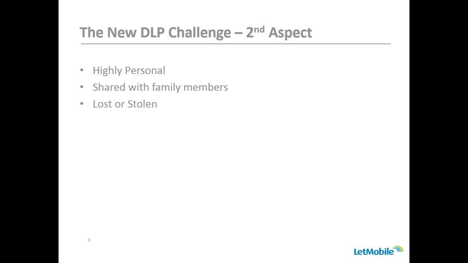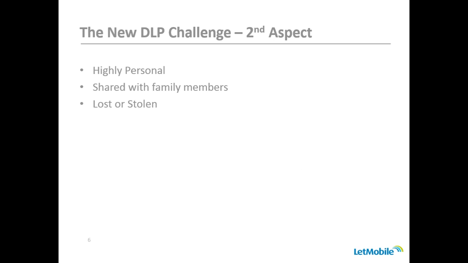Now, the second aspect of the new challenge is what those devices are. Instead of corporate devices, those devices are completely personal. Those devices were designed with the consumer in mind. Apple and Google, which started the revolution, have the consumer in mind as top priority.